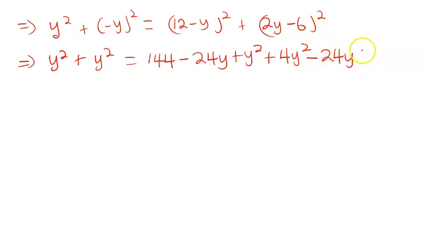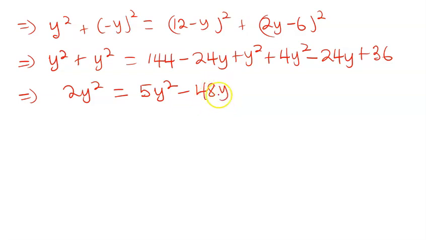And then we square the second term, which is 36. So on the left hand side, y squared plus y squared is 2y squared, which is equal to y squared plus 4y squared, we have 5y squared. Then minus 24y minus 24y is minus 48y. And then 144 plus 36 is 180.